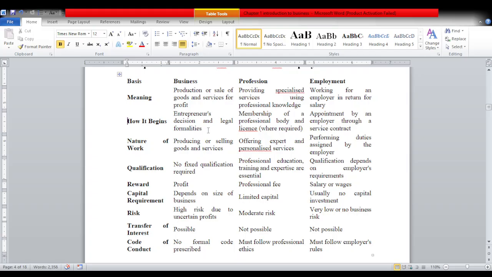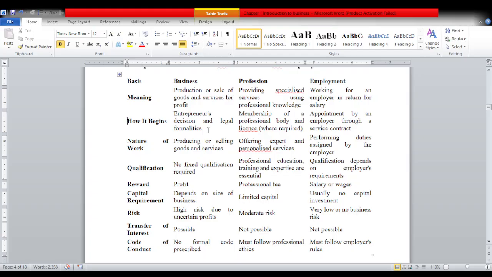CA and CS are associated with ICAI or ICSI and other bodies, which provide them a license to conduct their professional services and work with the public.